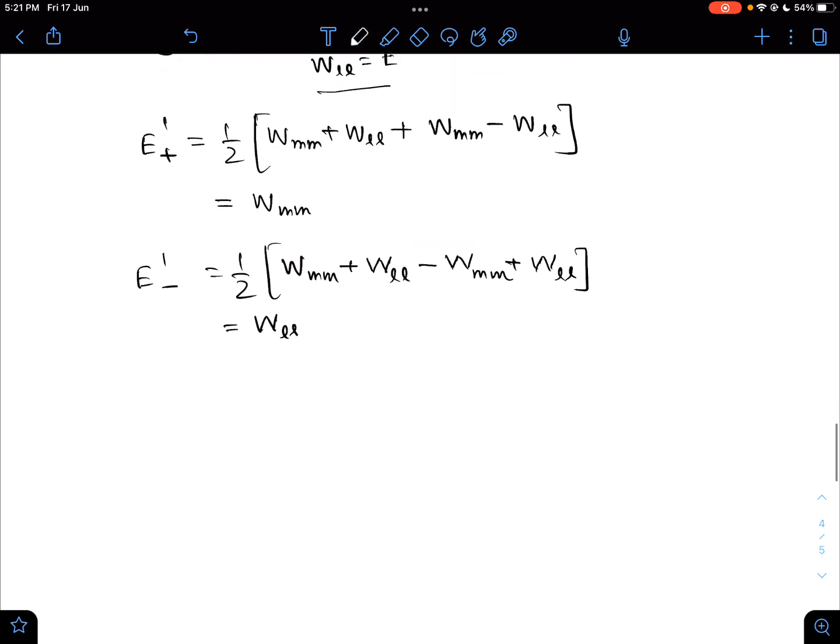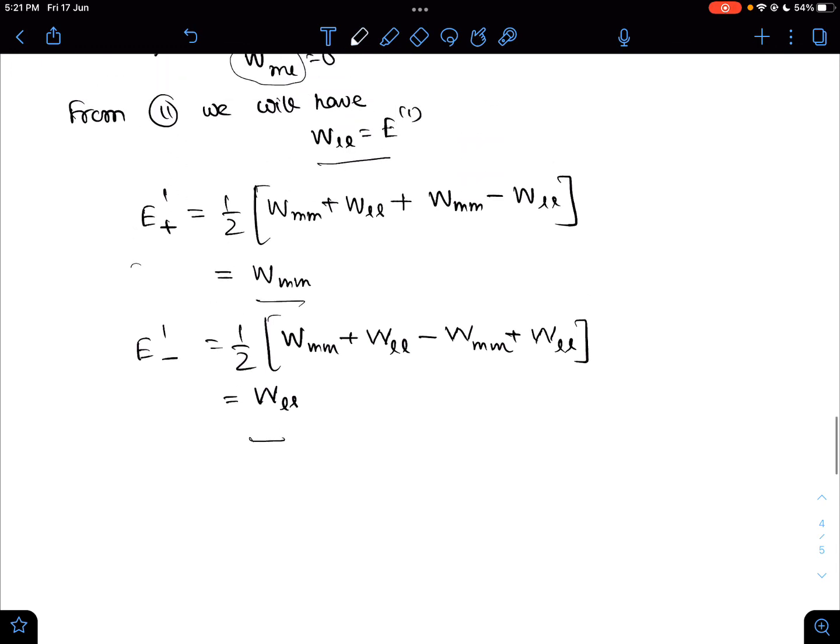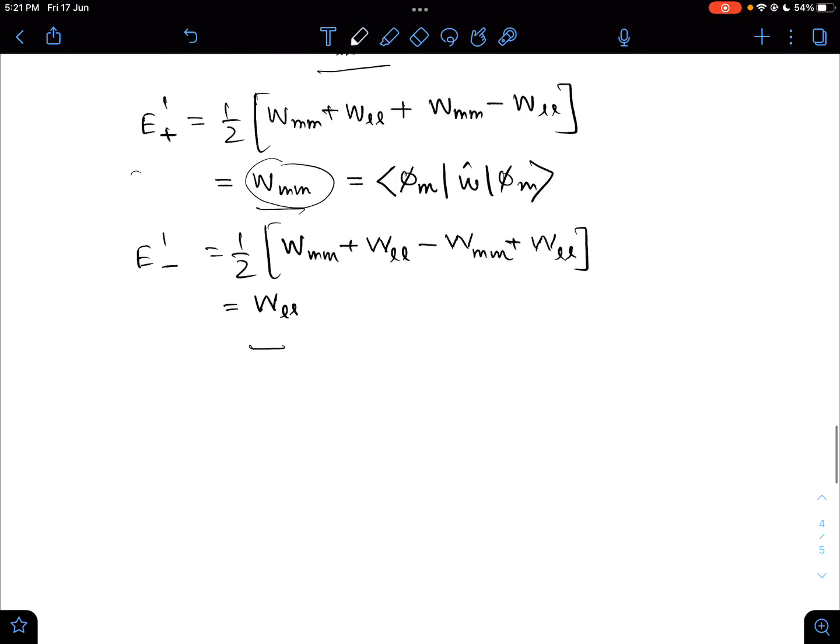If we notice carefully, this is precisely what we obtained using non-degenerate perturbation theory, because this WMM gives phi m omega phi m, and this WLL is phi l omega phi l.